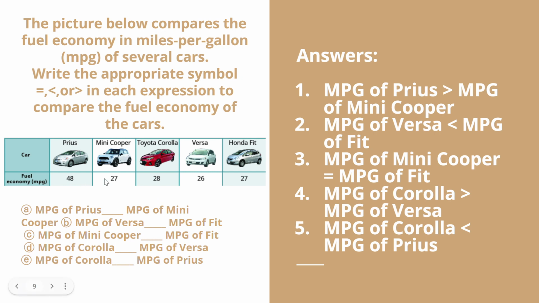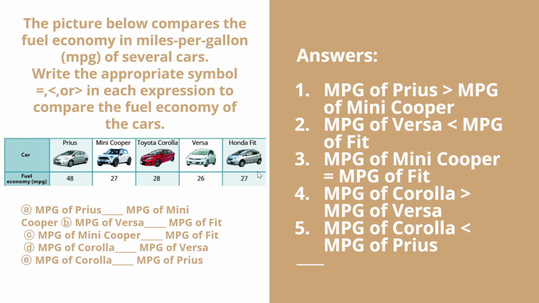So we can see that for the first one, Prius and Mini Cooper, it's 48 and 27, and 48 is greater than 27. The second one is Versa to Fit, which is 26 and 27. We know that 27 is greater than 26, but the question asks Versa to Fit, so we should write that 26 is less than 27.